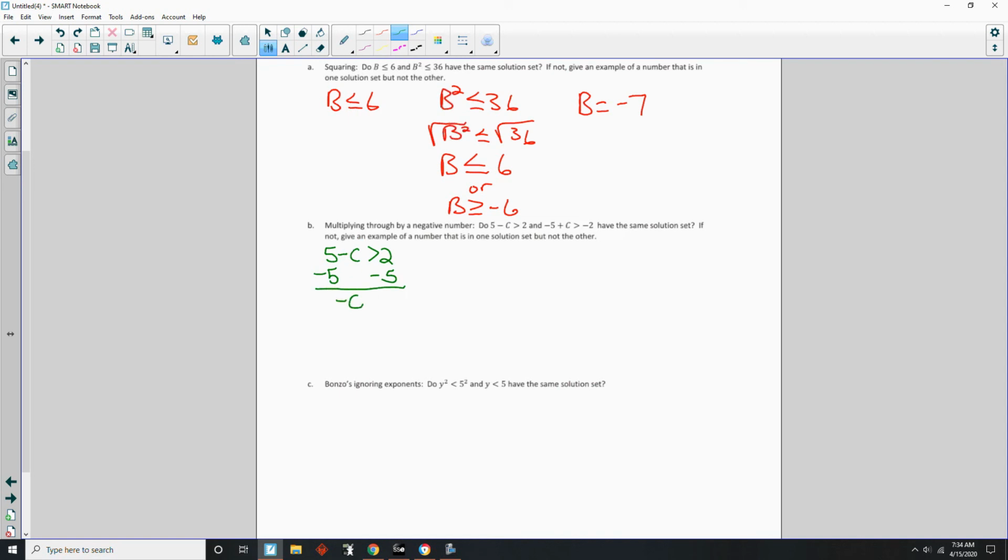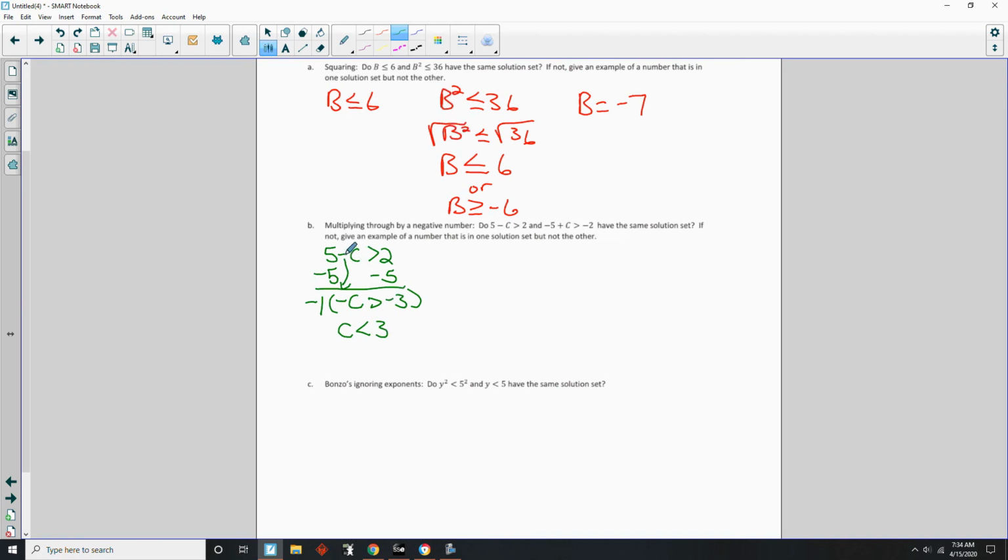Do not forget your negative symbol. Is greater than 2 minus 5, which is negative 3. I don't want a negative c, so I multiply by negative 1 and distribute. Negative 1 times c is a positive c. Multiplying by a negative 1 flips the inequality, and negative 1 times a negative 3 is positive 3. So I need values of c less than 3, and I'll check.